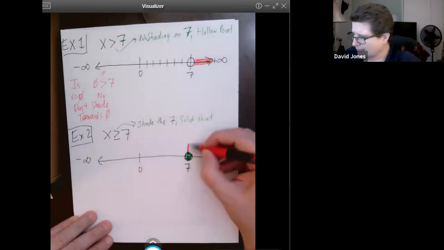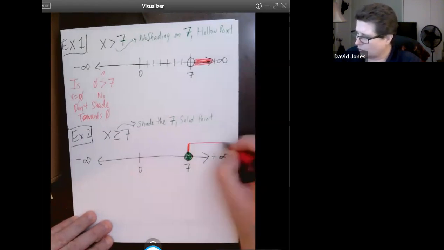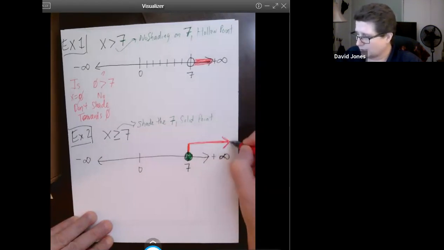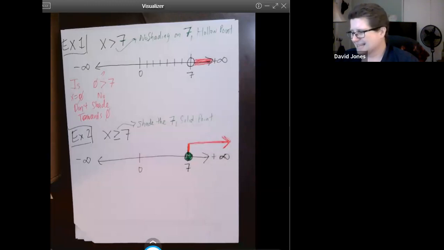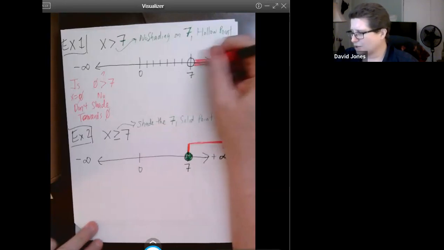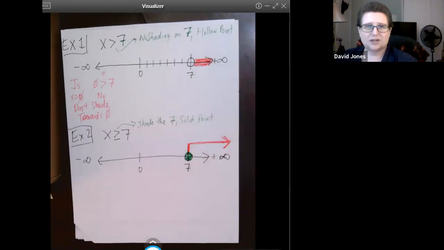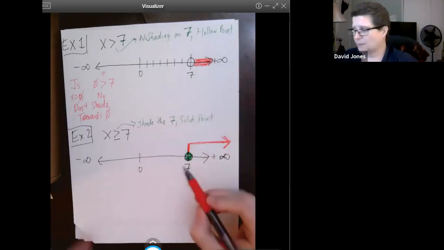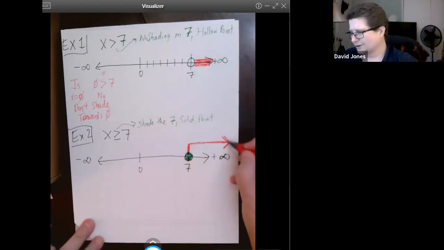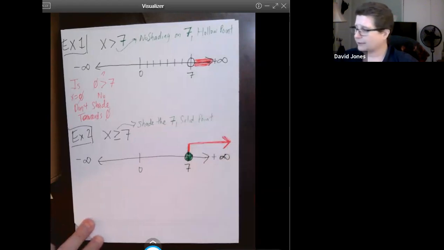I make a line coming up out of the circle and then do an arrow above the number line pointing in the direction that works. I think that's easier to see on a number line. If you're doing it by hand, you've got to make sure it's not just a thick line. You need to make sure it's clear that you're shading one direction. If you draw an arrow up and out of it to the right, like I did here, that makes it clearer.